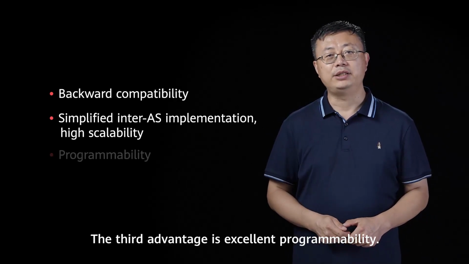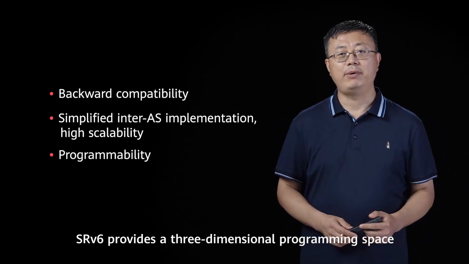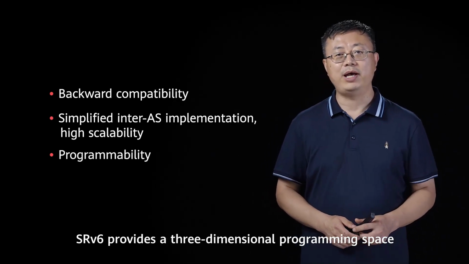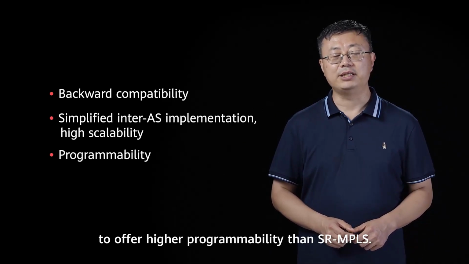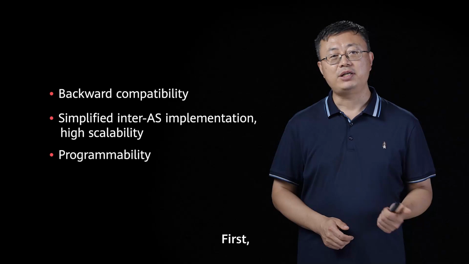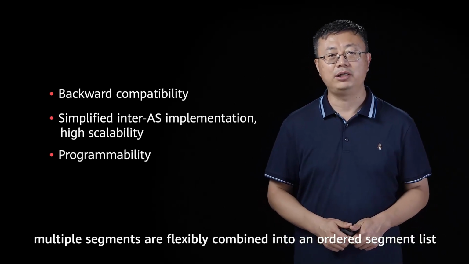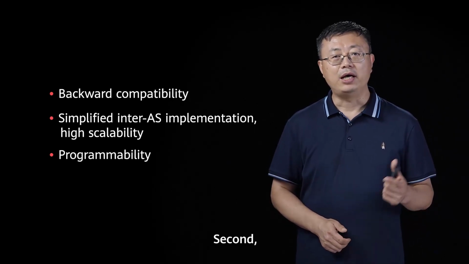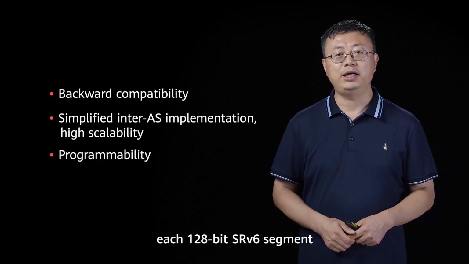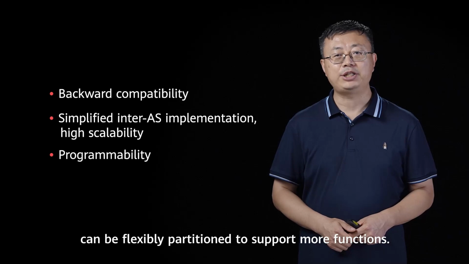The third advantage is excellent programmability. SRv6 provides a three-dimensional programming space to offer higher programmability than SR-MPLS. First, multiple segments are flexibly combined into an ordered segment list to implement programming. Second, each 128-bit SRv6 segment can be flexibly partitioned to support more functions.